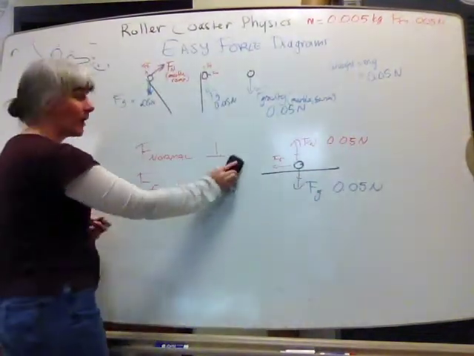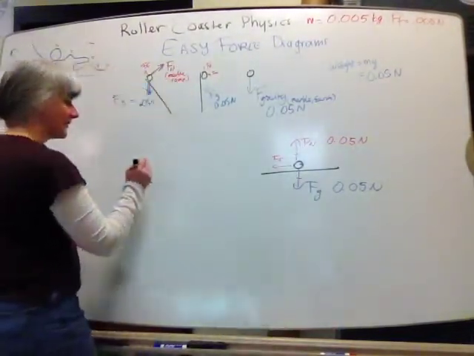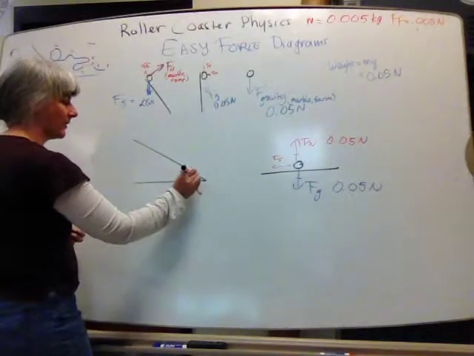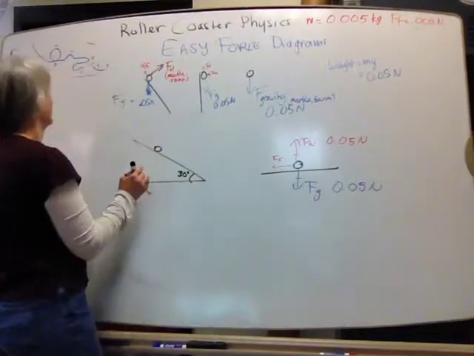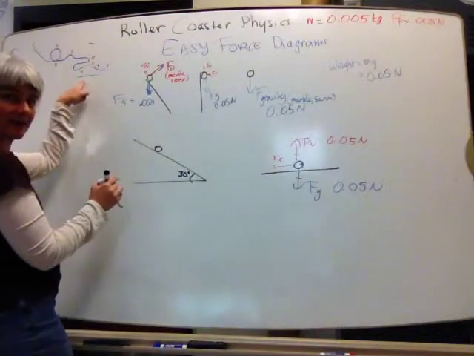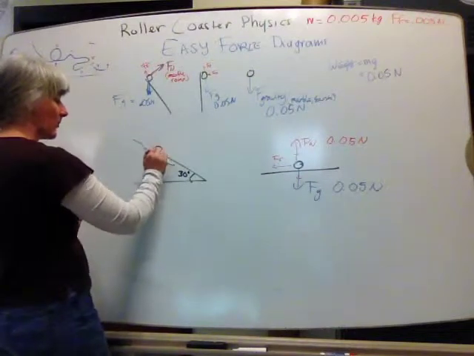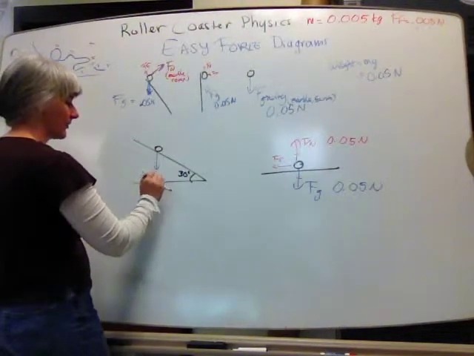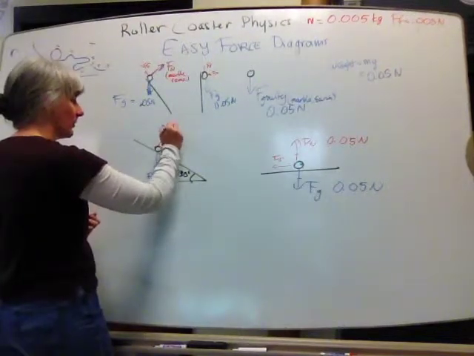We've already figured out what to do if the object is on a ramp of known angle. Like let's say this is a 30-degree angle, and here's my marble. This is kind of like point 6, only I reversed it. I'm going to have weight, the force of gravity of 0.05 newtons, and I'm going to have normal force.